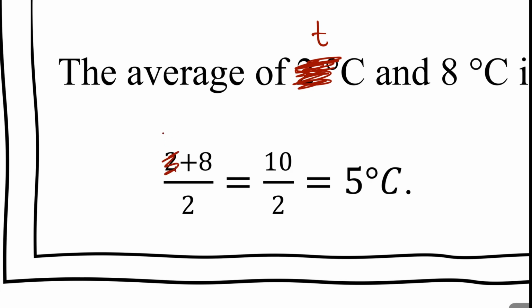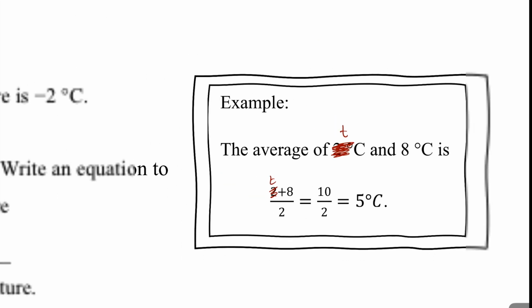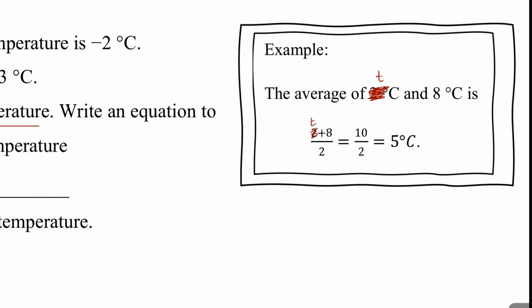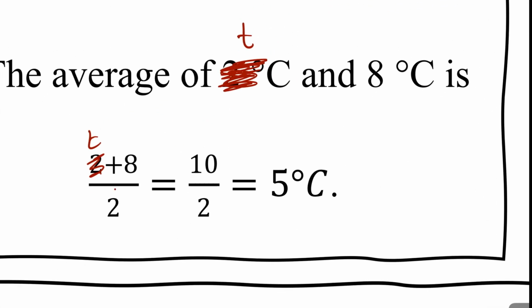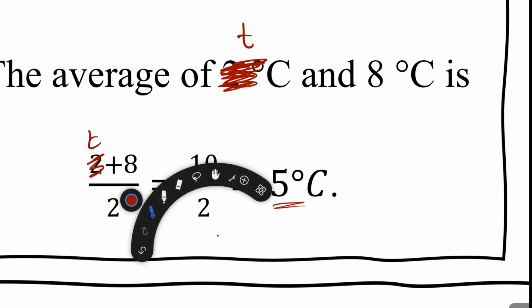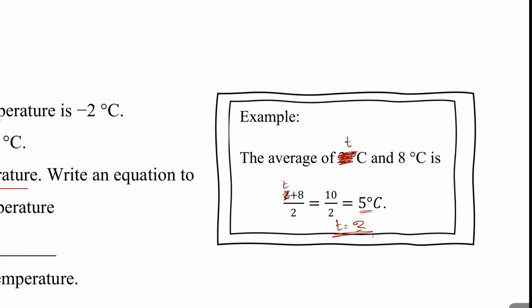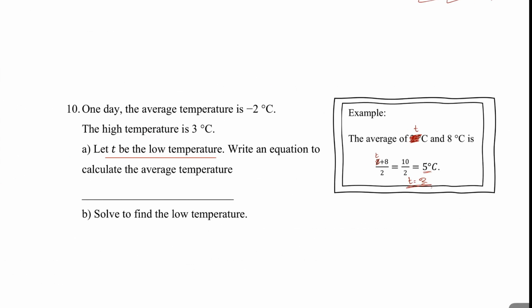So T plus the given value. The values are different in your question; I'm actually taking a different one. So T plus 8 divided by 2 equals 5 degrees Celsius, and you can rearrange this equation and finally solve for T.